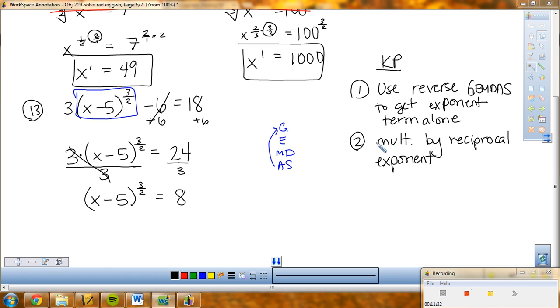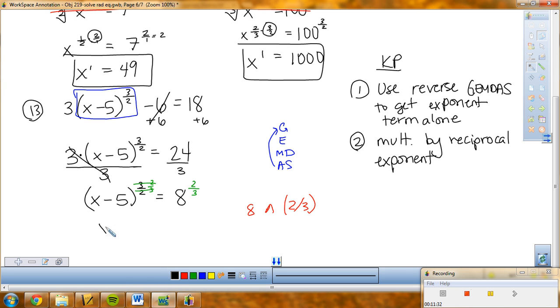So we want to multiply by the reciprocal to take care of this exponent. So I'm going to multiply by 2 over 3, which is going to get 6 over 6 or 1. So my exponent's gone there. But if I do it on one side, I have to do it on the other side. And again, you can just type this into your calculator as 8 to the 2 divided by 3 power, and it should just pop the number out.